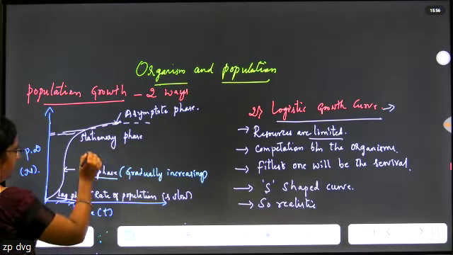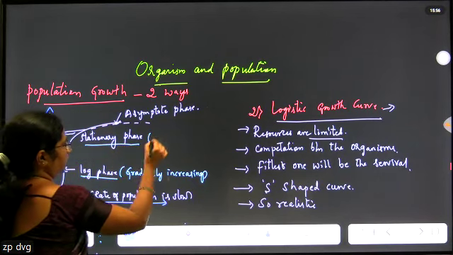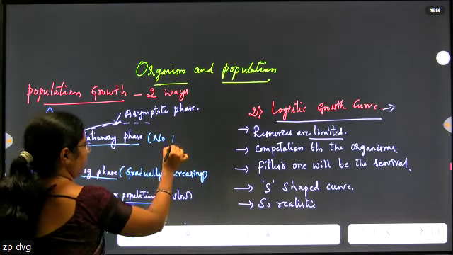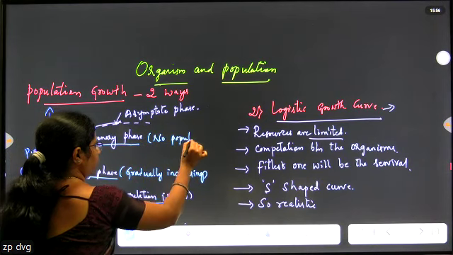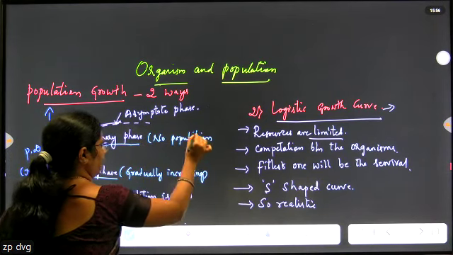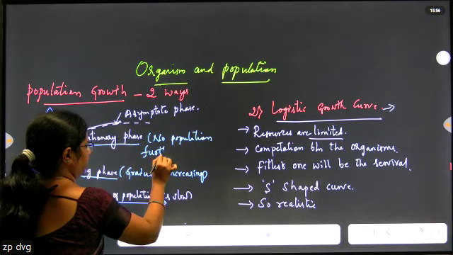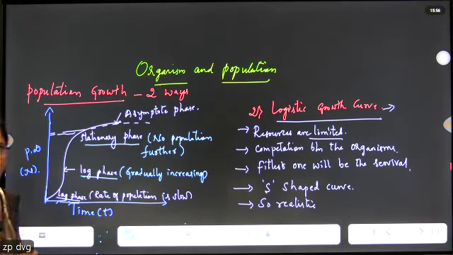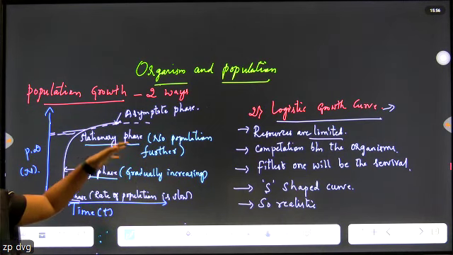In the stationary phase, there is no further population growth. So what happens here? In the stationary phase, a constancy is attained in the environment.